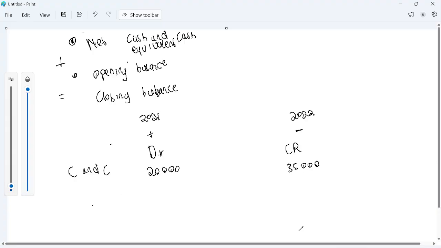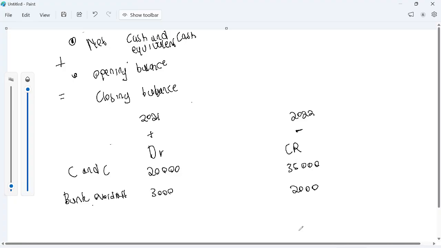And along that year we had a bank overdraft, meaning an overdraft reduces our bank balance.